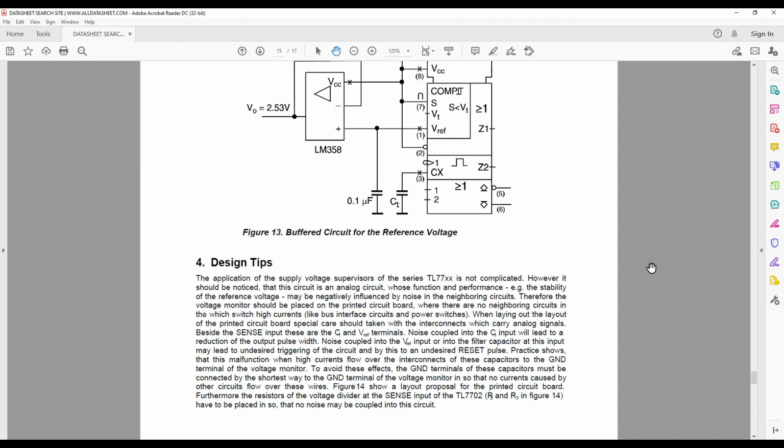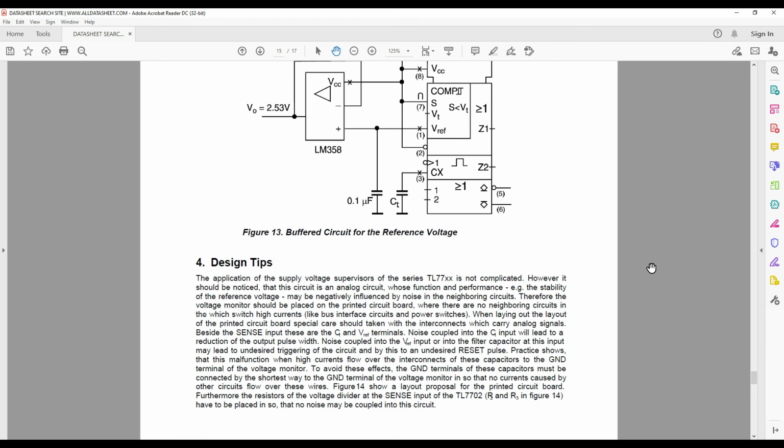Practice shows that this malfunction occurs when high currents flow over the interconnects of these capacitors to the ground terminals of the voltage monitor. To avoid these effects, the ground terminals of these capacitors must be connected by the shortest way to the ground terminal of the voltage monitor, and so that no currents caused by other circuits flow over these wires.